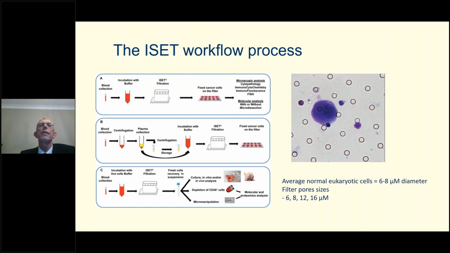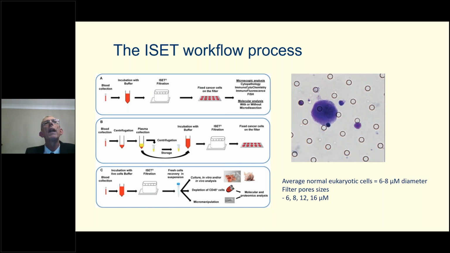The average normal eukaryotic cell is perhaps 6 to 8 to 10 micrometers in diameter, so if we have filter pore sizes in excess of these sizes, that represent perhaps our larger circulating tumor cells, we can hopefully trap them and then recover these cells, or stain them in situ, perform an enumeration and an evaluation of what we have there.